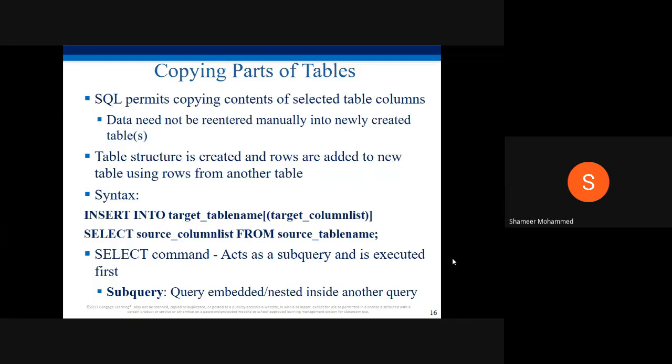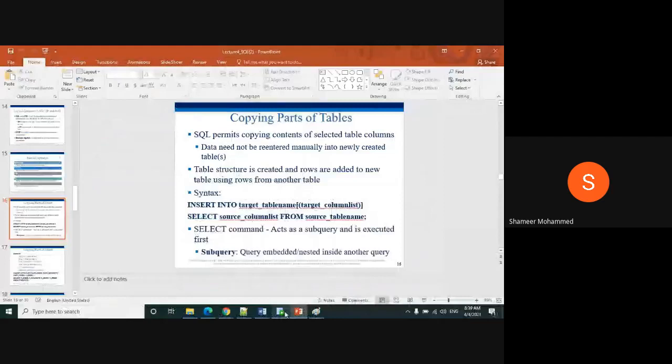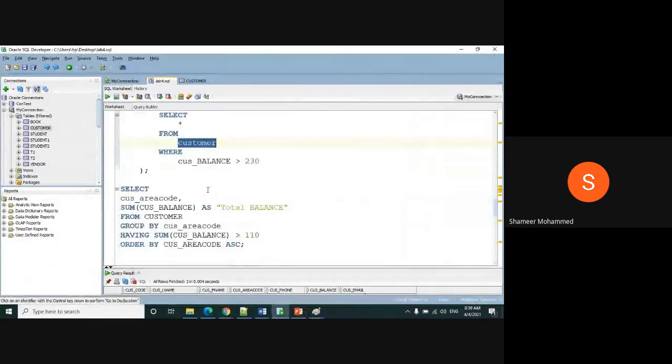I want to copy only a small part of the data from one table to another table. So what is the syntax here is this one. See, insert into target table, and you are selecting the data from source table. I will show you the demo, then you can understand this one.